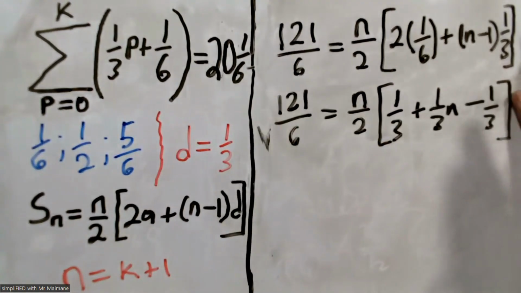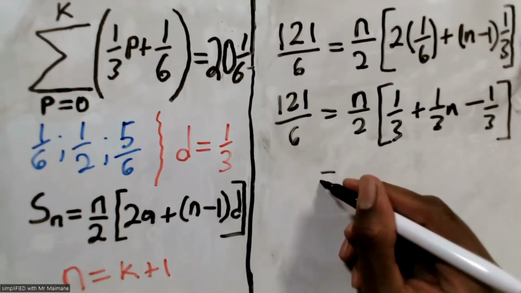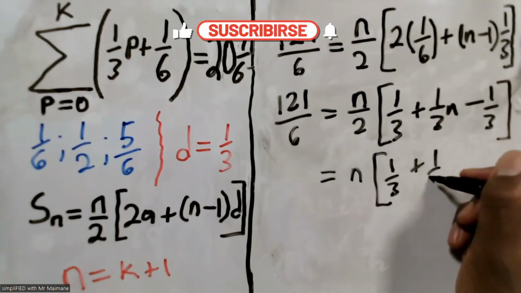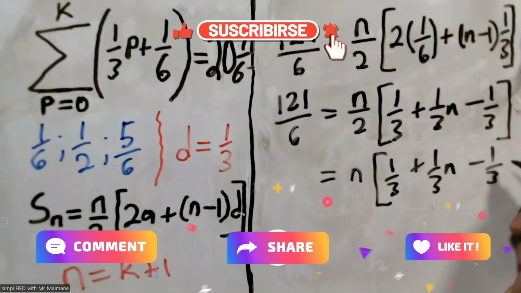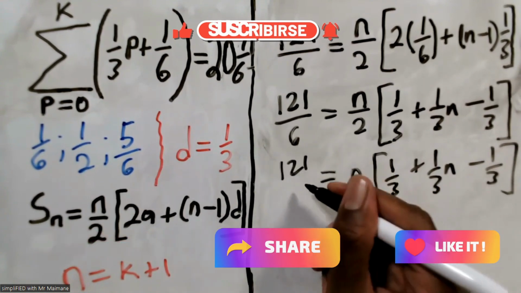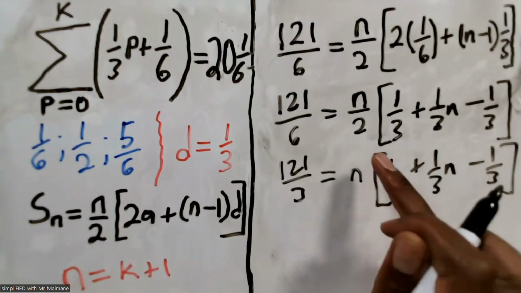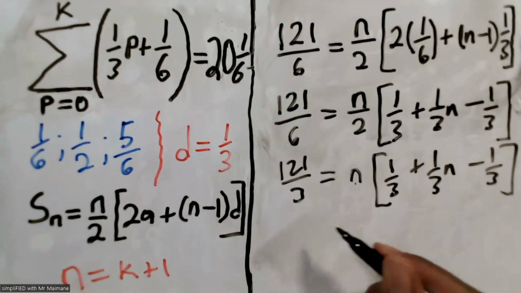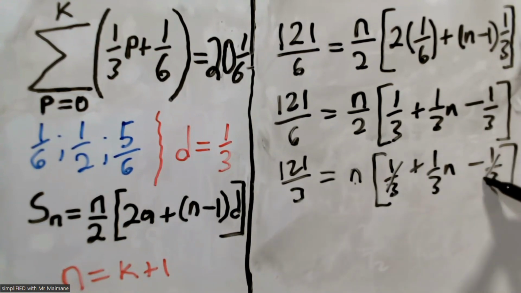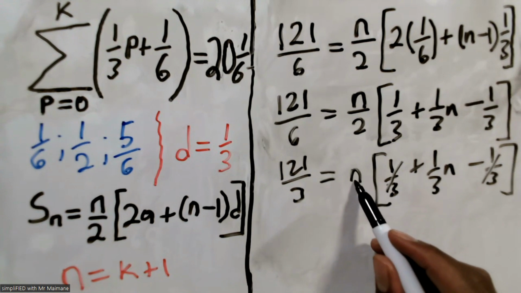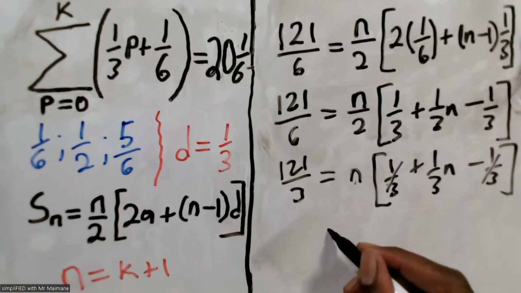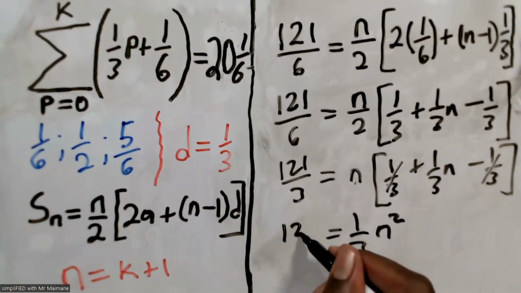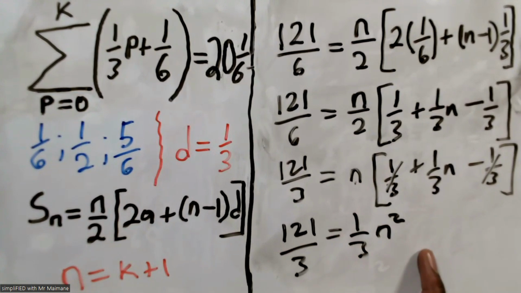If I multiply both sides by 2, then I will have n times 1 over 3 plus 1 over 3n minus 1 over 3. And then here it is going to be 121 over 3 because I've removed the 2 there. And then multiplying by n throughout here, you can see this cancels that, because it's 1 over 3 minus 1 over 3, and then I'm left with n multiplied by 1 over 3n. This is going to be 1 over 3n squared, equal to 121 over 3, like that.